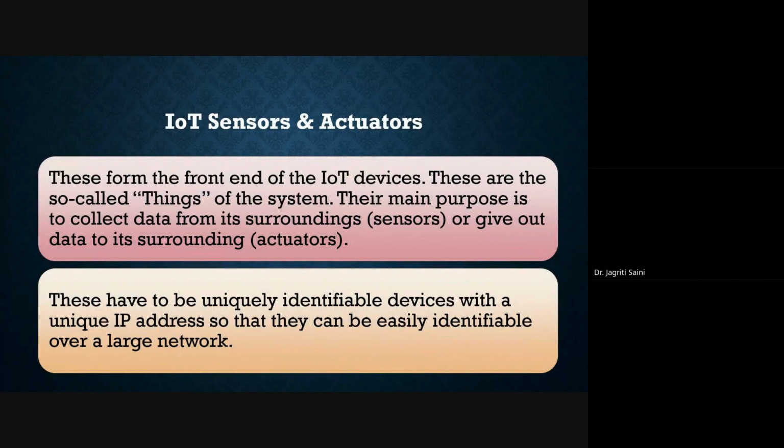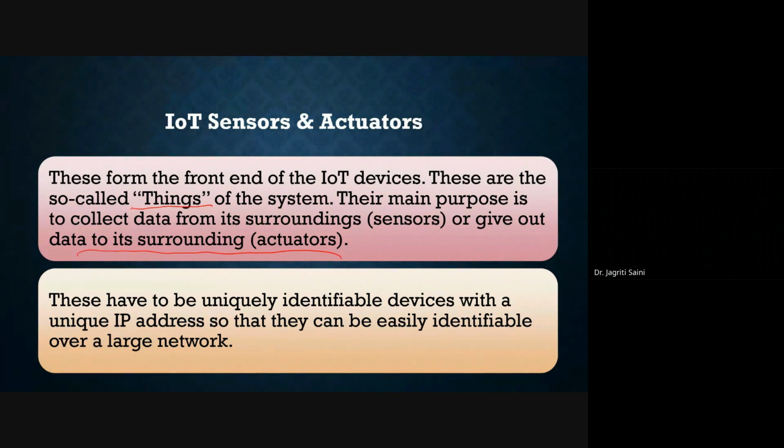So these sensors are the so-called things in your network. In IoT, these sensors make up your things part, and their main purpose is always to collect data from the surrounding environment. And at the same time, when we have to deliver data to the surrounding environment, the task is performed by actuators.